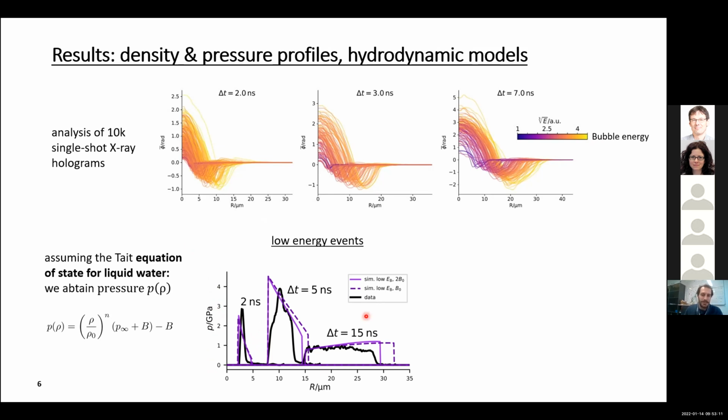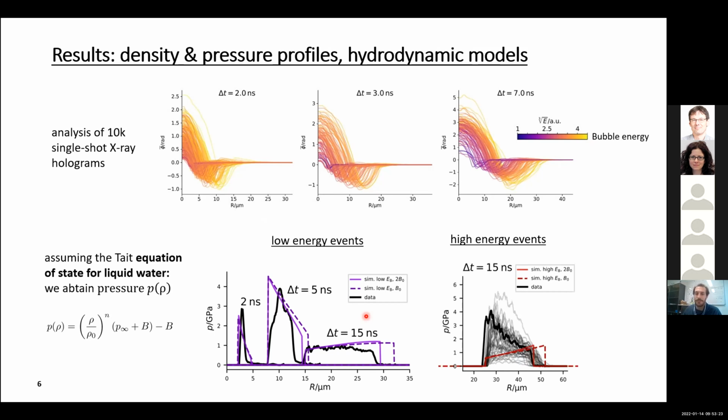And our main results are that basically for the low energy events, we can reconstruct our experimental data quite well with the hydrodynamic simulations. However, if we try to fit our higher energy events, here different experimental curves are shown with the hydrodynamic simulations in red, we observe distinct discrepancies.